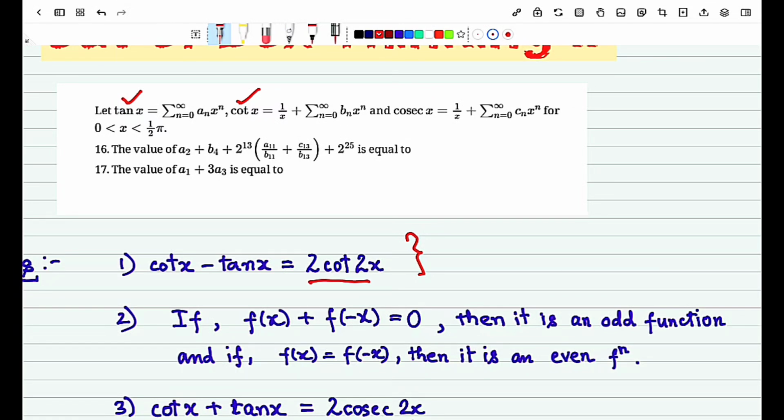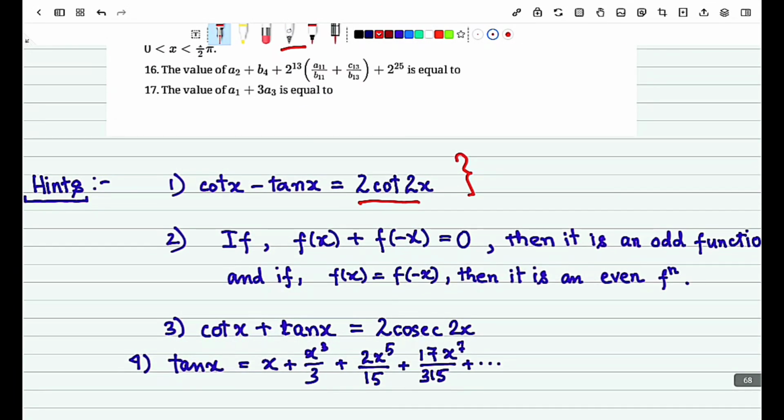So you may put the value of 2x in the cot series and get a relation between a_n and b_n. After that you can manipulate things and you will obviously get some relation.